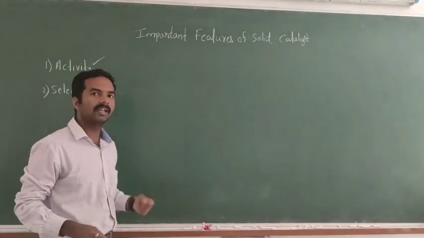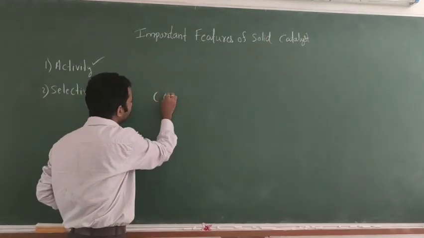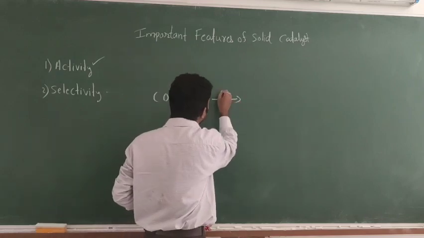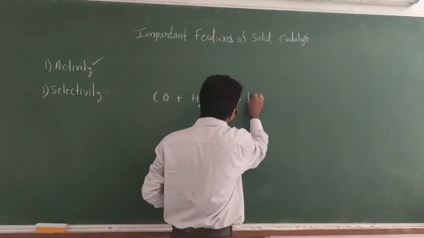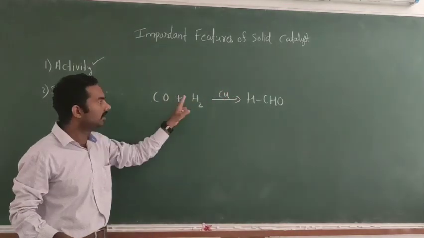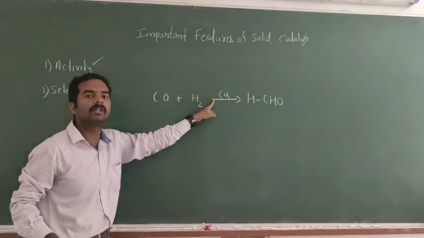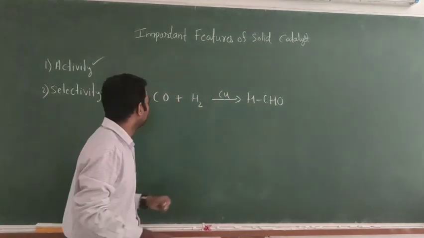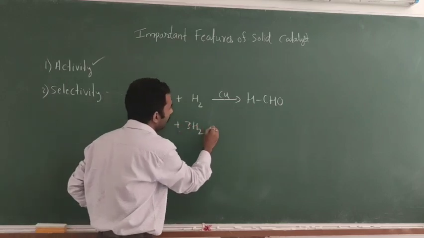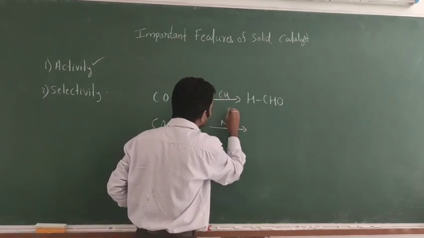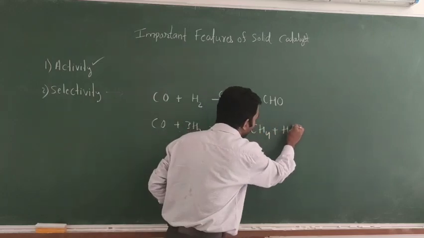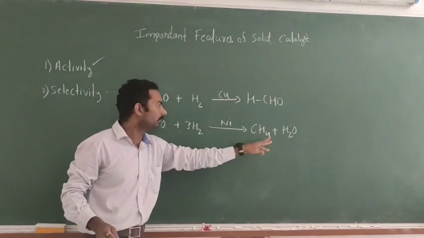Consider another example. So carbon monoxide reacts with hydrogen in presence of copper, it gives formaldehyde. Similarly, the carbon monoxide reacts with 3 moles of hydrogen in presence of nickel, it gives methane with water.